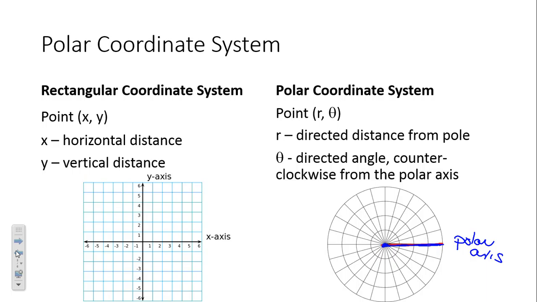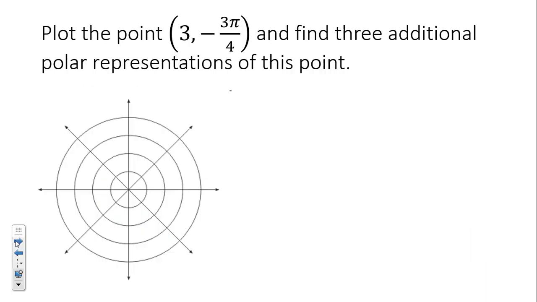All right. So next slide says, plot the point 3, negative 3 pi over 4, and then find 3 additional polar representations of this point. So we want to plot 3, negative 3 pi over 4. That means that we'll be 3 units out and negative 3 pi over 4 as our angle.